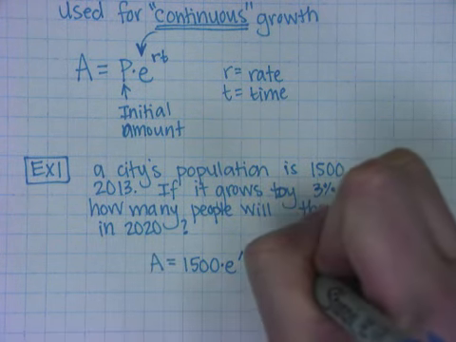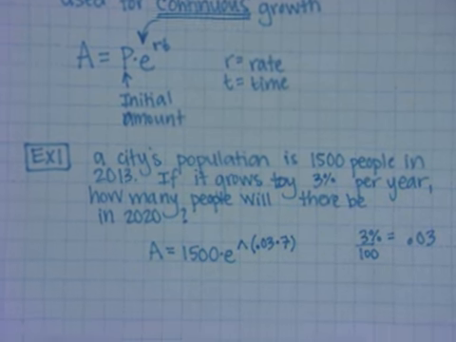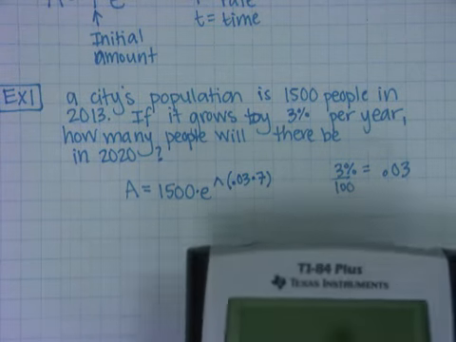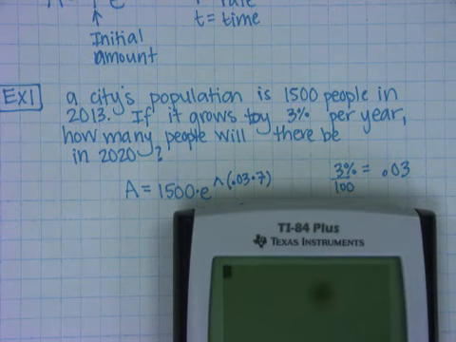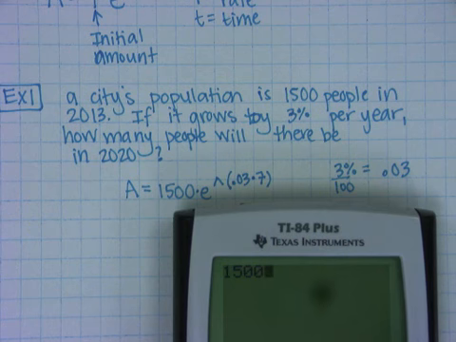So this would be times 7. Okay. So then it's really nice on this formula, since your calculator knows order of operations, you can just literally plug it in exactly like you see it. So 1500 e, so you're going to hit second and then the LN button to get your e. And then parentheses 0.03 times 7.